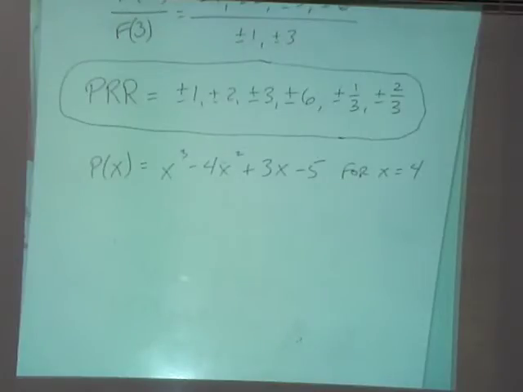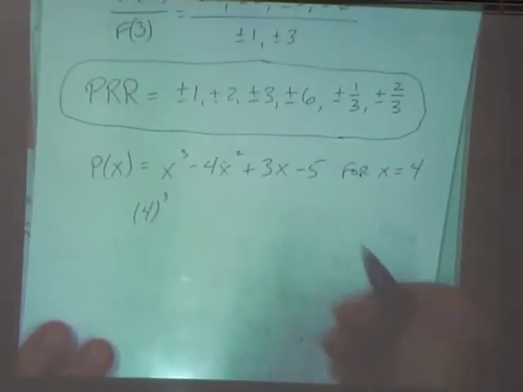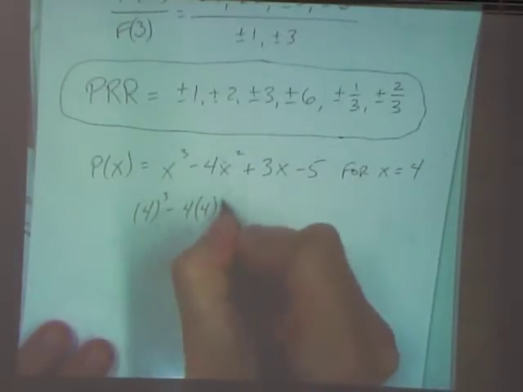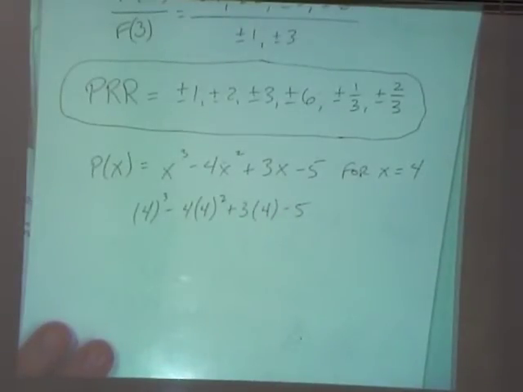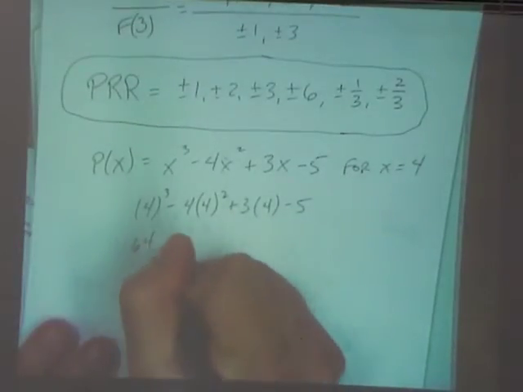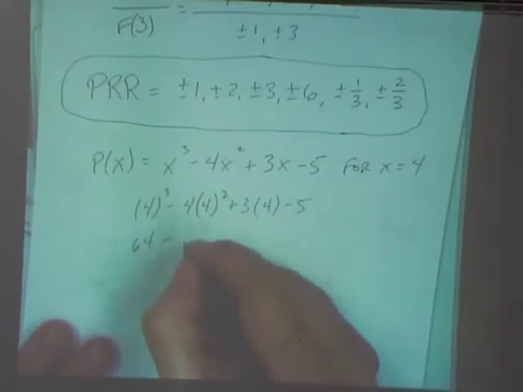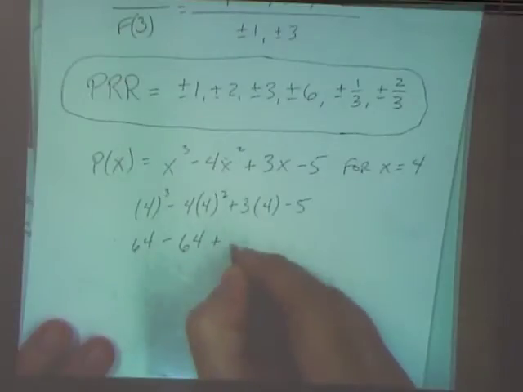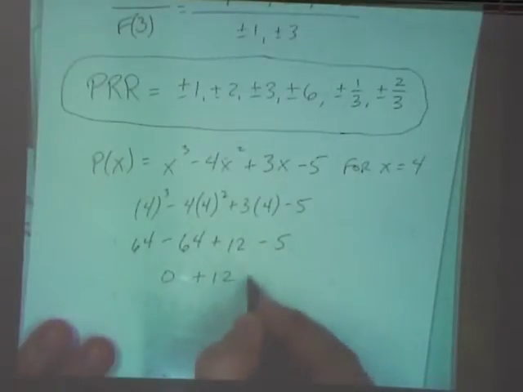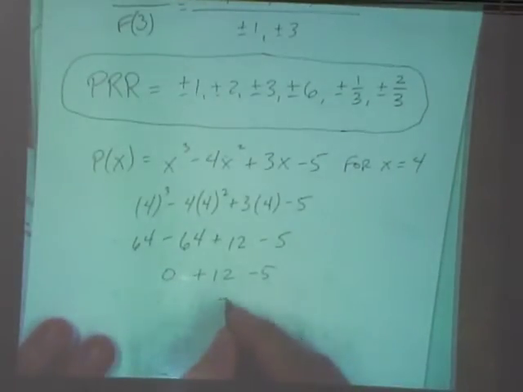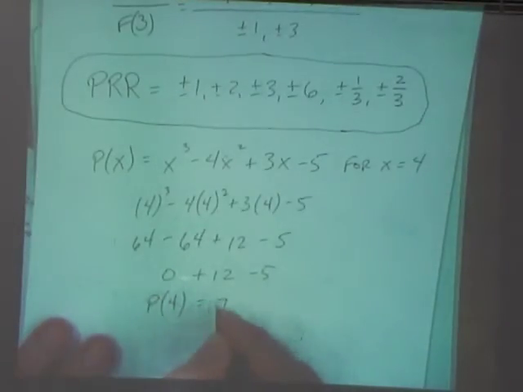So 4 cubed minus 4 times 4 squared plus 3 times 4 minus 5. 4 cubed is 64. Minus 4 times 4 squared is minus 64, so 0. Plus 12 minus 5 is 7. So P of 4 is equal to 7, yes?